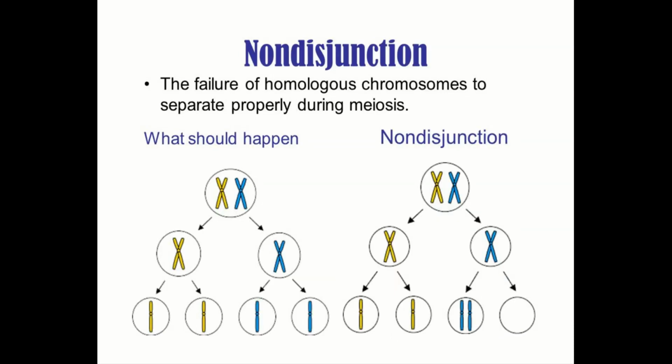Now, before I say that, I want to say that most of the time when non-disjunction occurs, that gamete that's created is not going to be able to fertilize an egg, and if it does, that embryo or fetus is not going to survive the pregnancy.